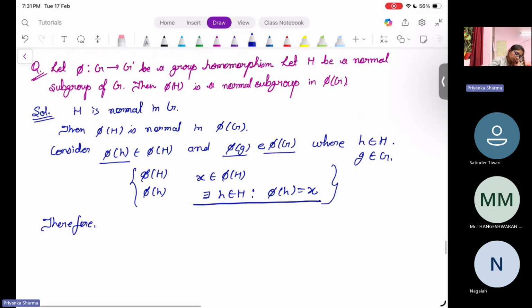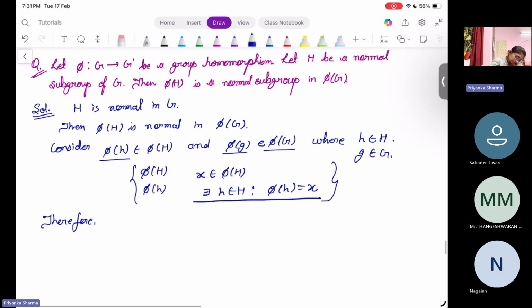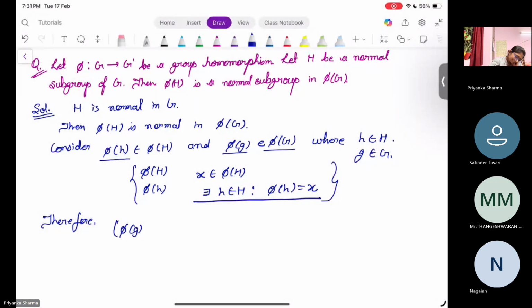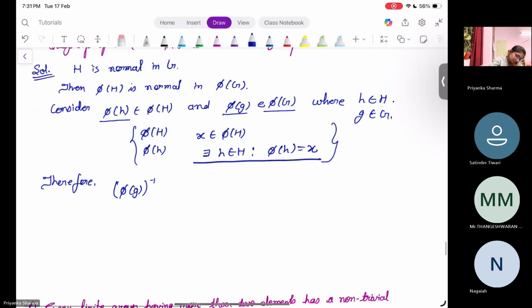Now what do we need to consider to prove that phi of H is normal? This: phi of g inverse, phi of h, phi of g.